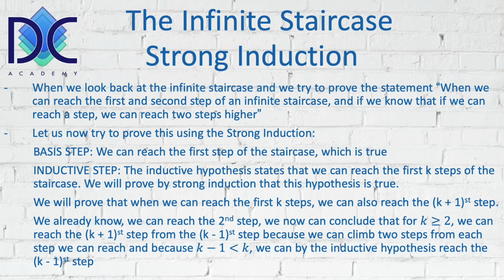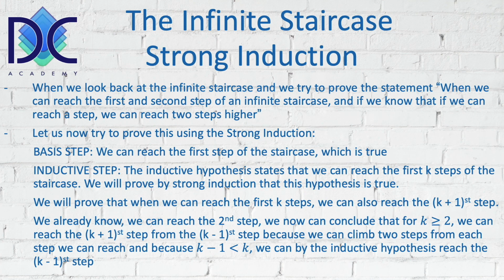Now, we already know that we can reach the second step. Now we can conclude for k larger than or equal to 2, we can reach the k plus first step from the k minus first step, because we can climb 2 steps from each step, and because k minus 1 is smaller than k, we can prove by the inductive hypothesis that it is possible to reach the k minus first step.